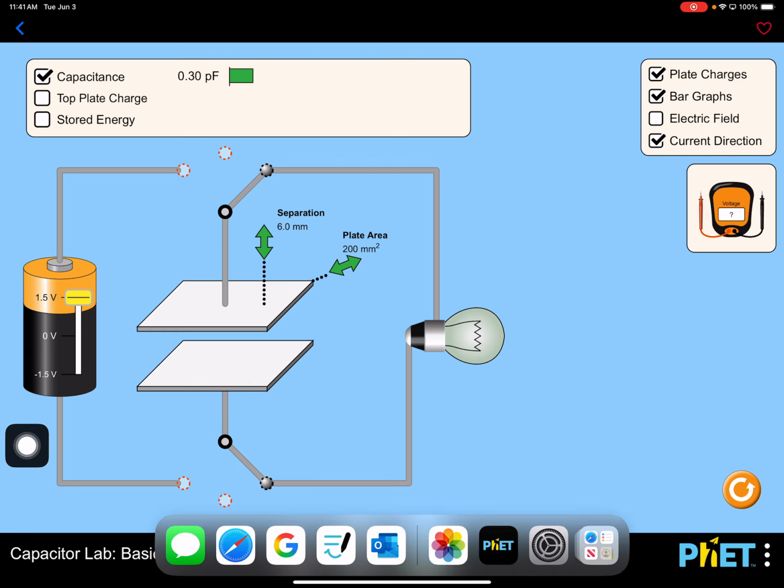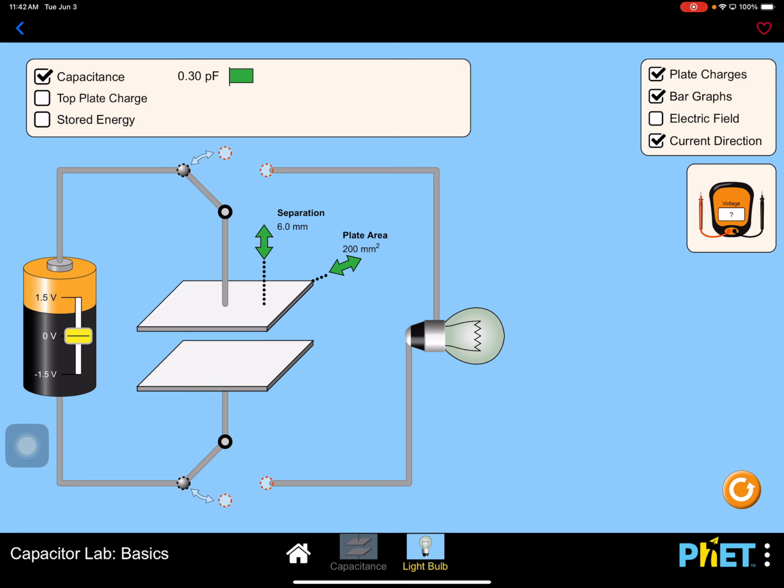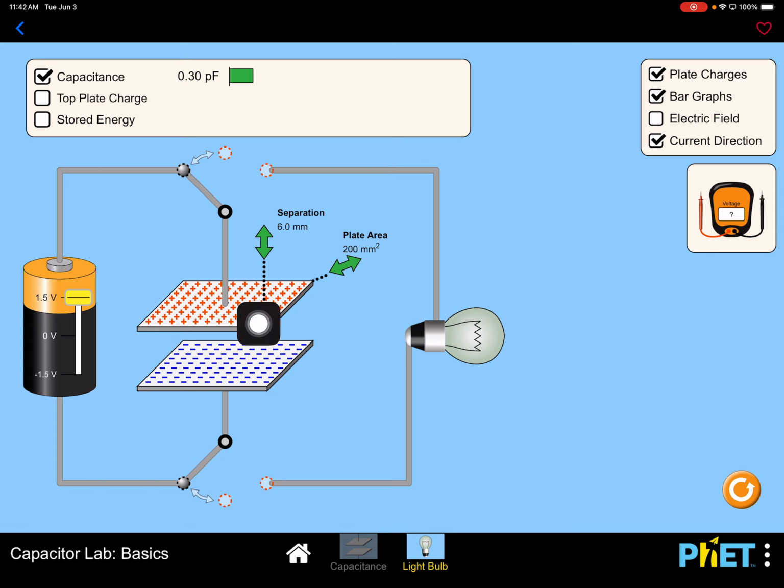So again, we use capacitors because we can store energy and discharge that energy as fast as we want. This actually is a fairly common circuit. So we've charged this capacitor.